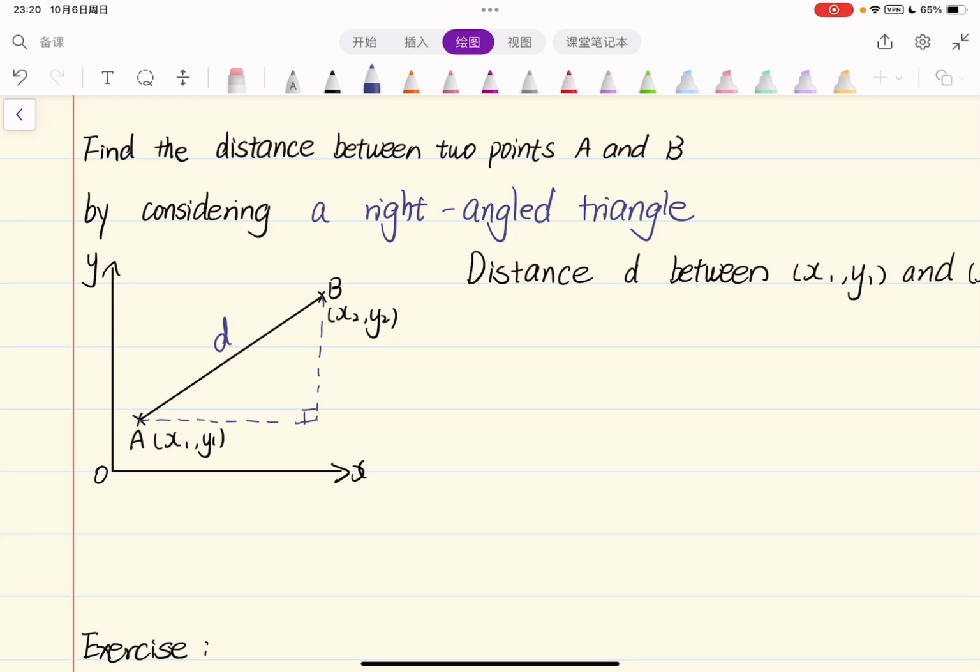So here is a distance D. If we said this is A, this is B, we can get that D equals to square root of A squared plus B squared.